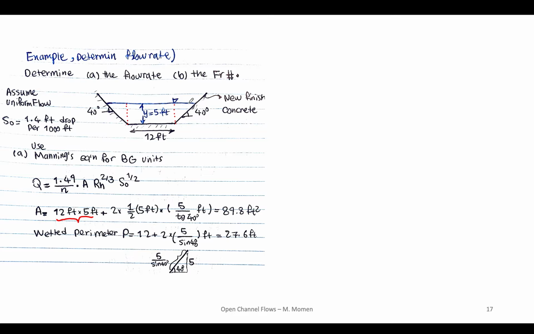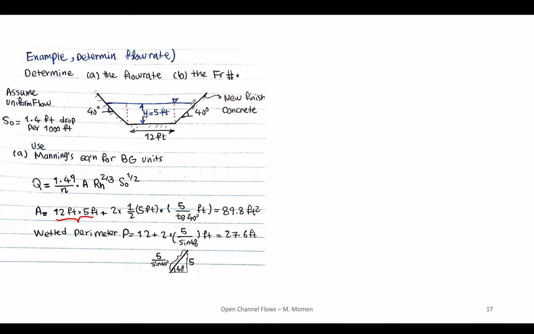And then we have two triangles, right? The area of these two triangles, because they are the same, is going to be 2 times 1/2 times 5 foot, which is this length, times 5 over tangent of 40. So this length here is going to be 5 over tangent 40 foot.